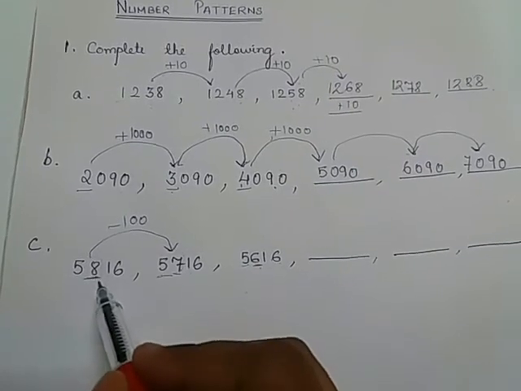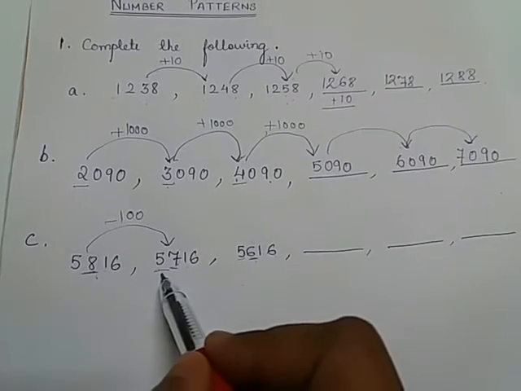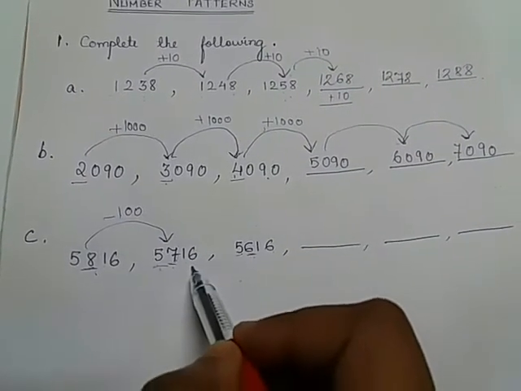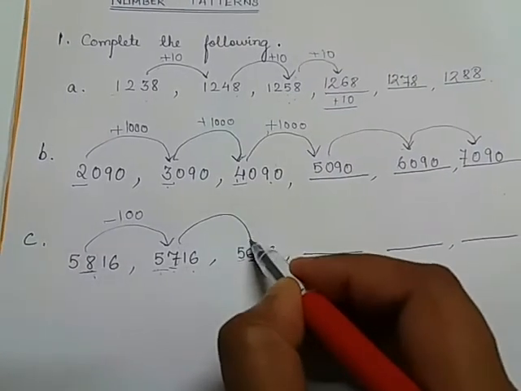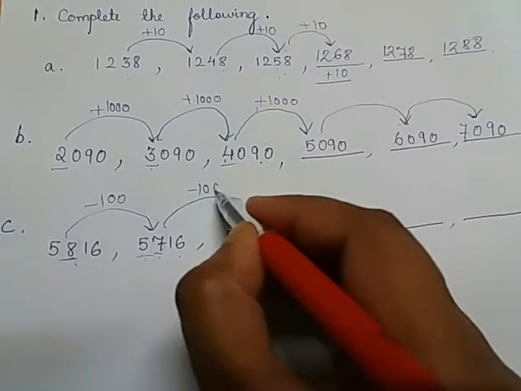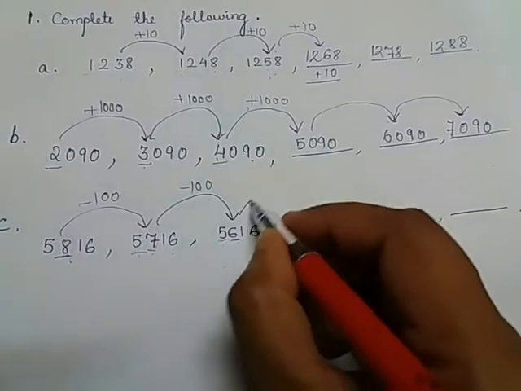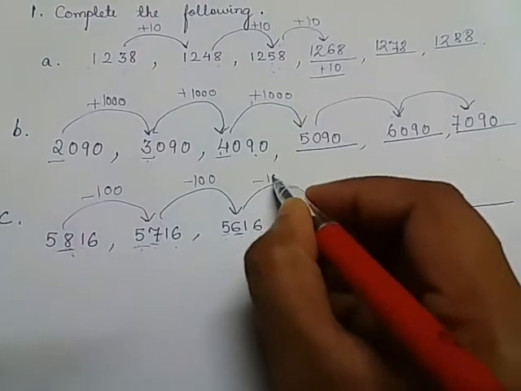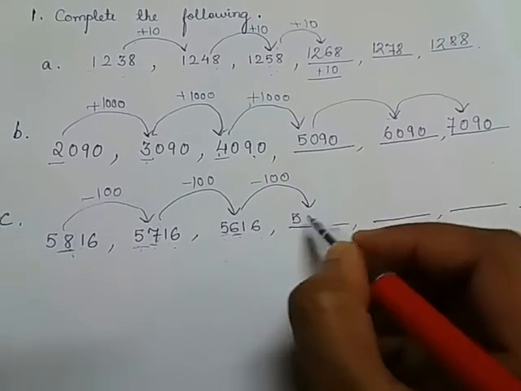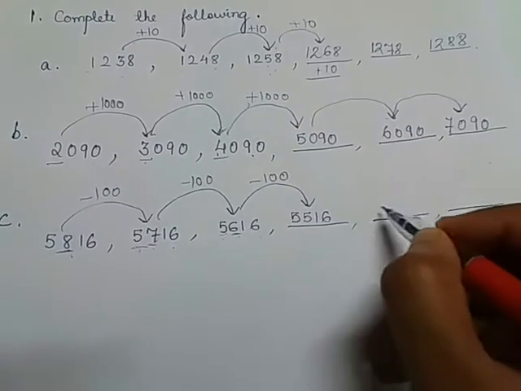When we are subtracting 100 from this, we get 5716. Again, when we subtract 100 from this, we get 5616. Once again, if we subtract 100, we will get 5516.